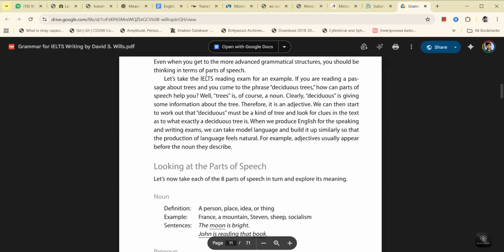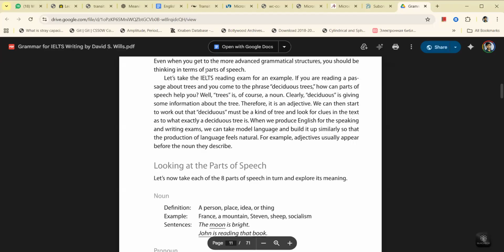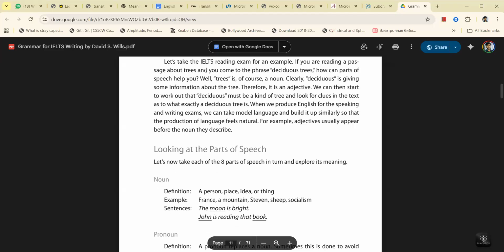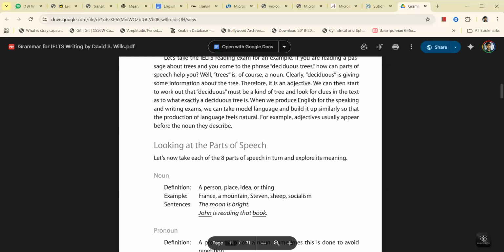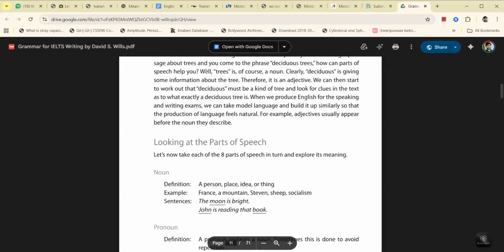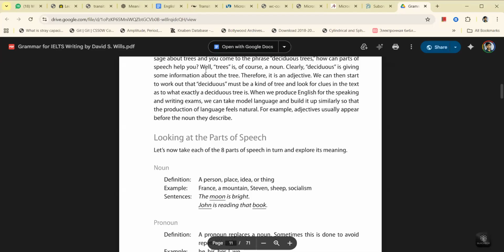When we produce English for speaking and writing exams, we can take model language and build it up similarly so that the production of language feels natural. For example, adjectives usually appear before the noun they describe.